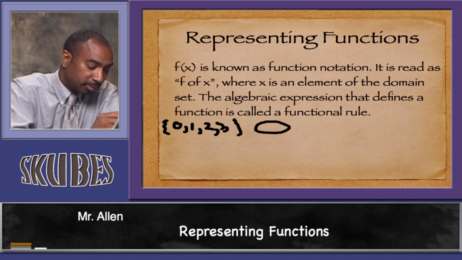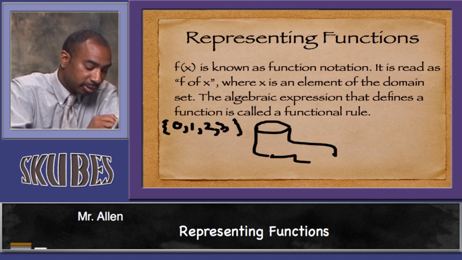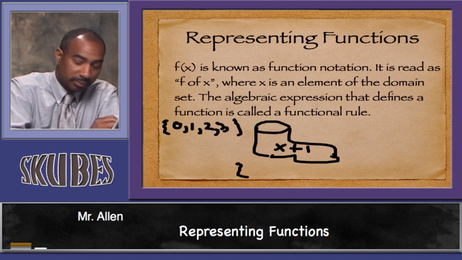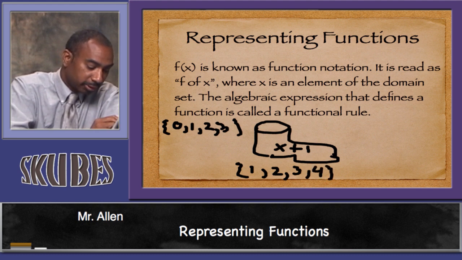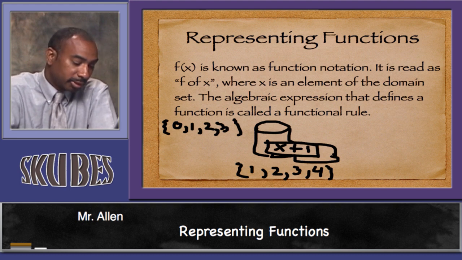And I had this machine, but the rule for this machine, let's say, is to add 1 to every number. So I would say x plus 1. And you remember the output values; that'll be 1, 2, 3, and 4. The rule is what changes the input numbers.